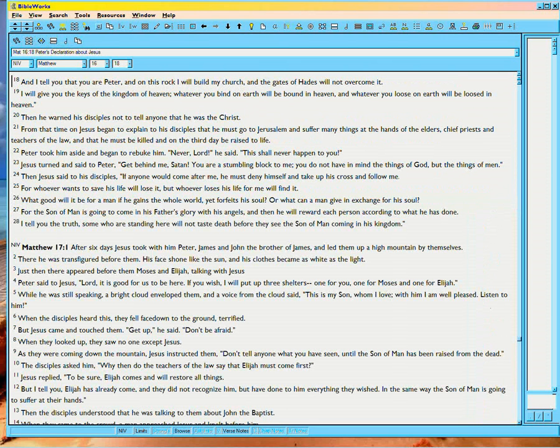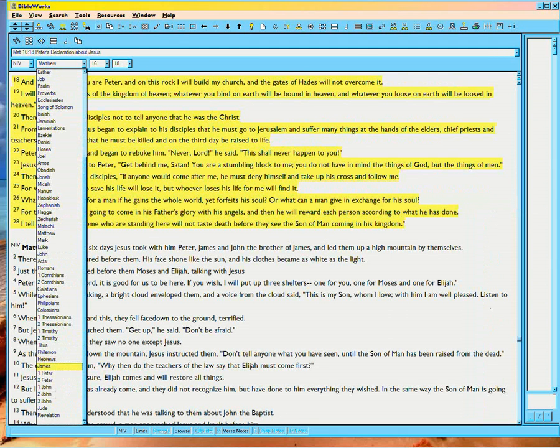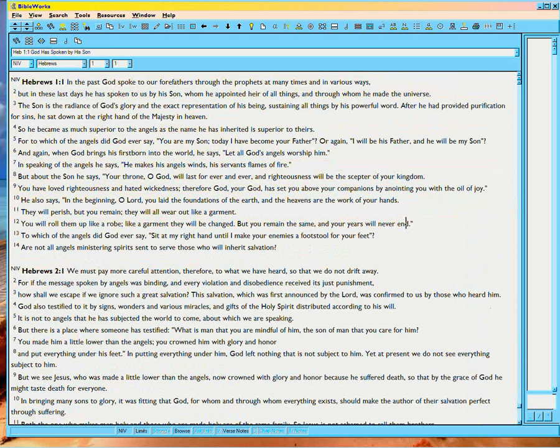You have to read large blocks of it. For example, if you really want to get a handle on what the book of Hebrews says, read the entire book in the NIV. Some of the translations of the verses in the NIV of the book of Hebrews are awful. But the flavor of what the writer's trying to say is captured just the same.